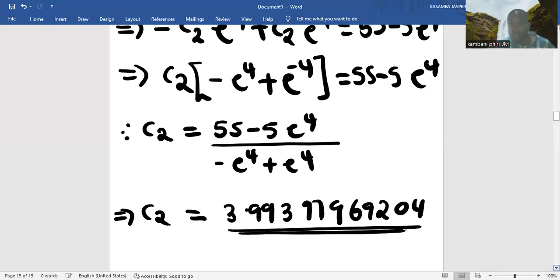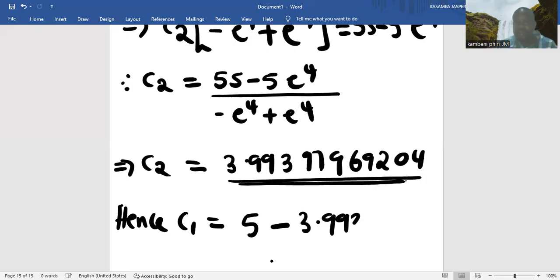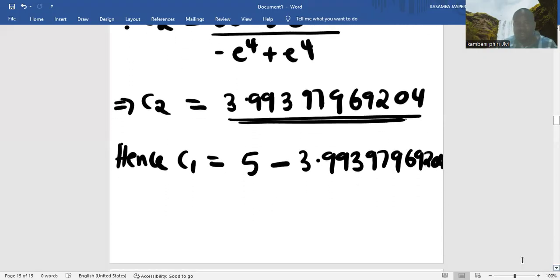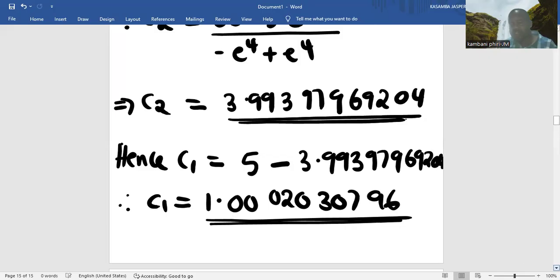And hence, what is our C1? C1 will be equal to 5 minus C2, 5 minus 3.993979692.04. Therefore, C1 will be 1.00020307.96 when you work it out. So we are going to replace it now into our general solution.